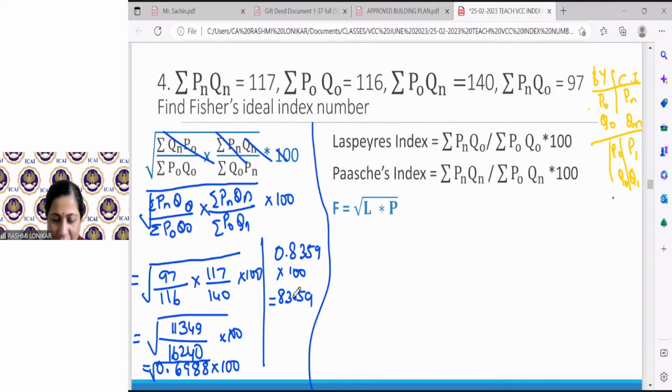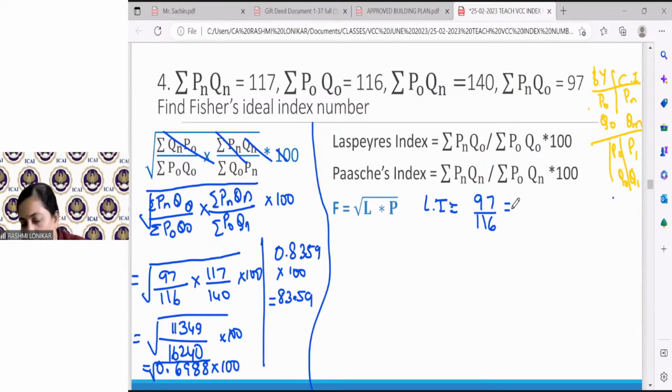Exactly. Now let us calculate Laspeyres and Paasche separately, and then find out this. So here the Laspeyres index is summation Pn Q0, which is 97, upon P0 Q0, which is 116.